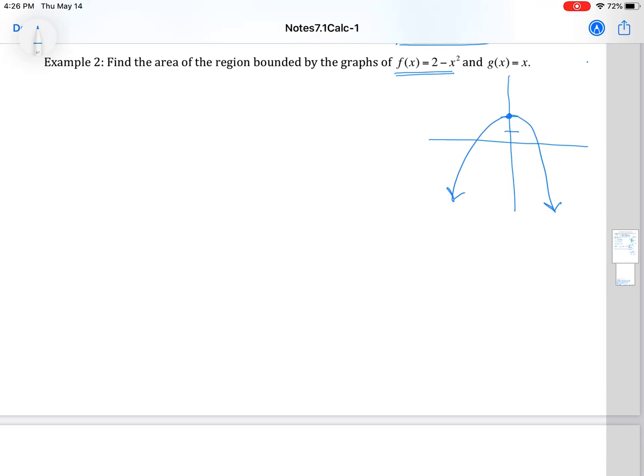And then it opens down. G of x is a linear function that starts at 0, and it goes up 1, over 1, up 1, over 1. So if I connect them, unlike the first one, you do in fact see that you have created a closed region here.